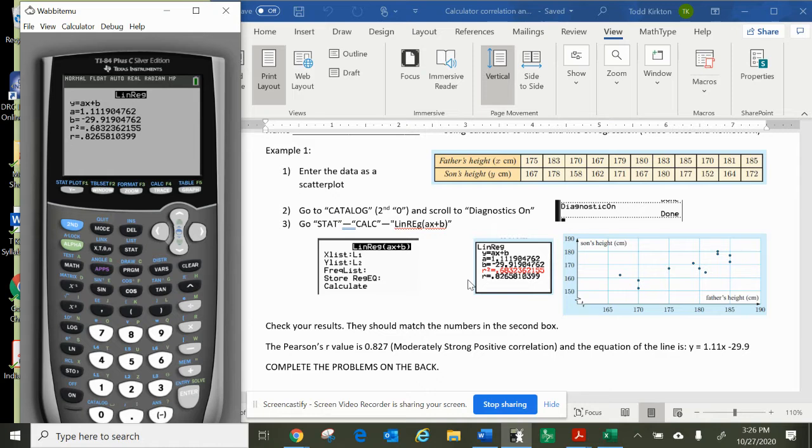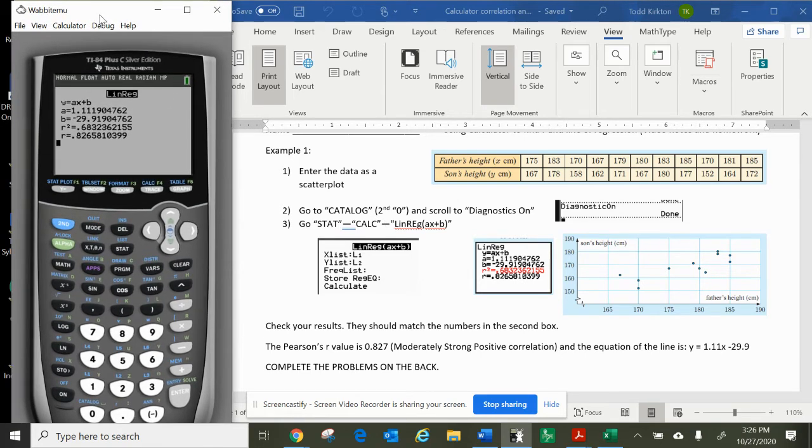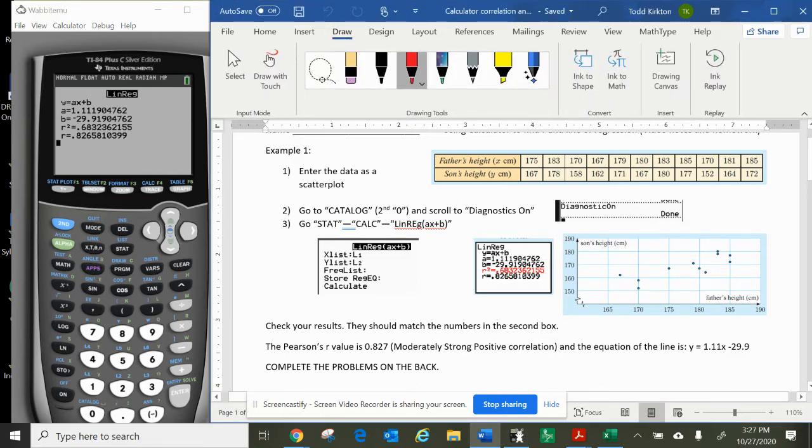There's a chart we'll talk about. You can see that it's fairly strong. Now we have numerical evidence to go along with it. So the R value is 0.8268, so .827. And then there's a little linear equation there, and I'm going to draw that on here.